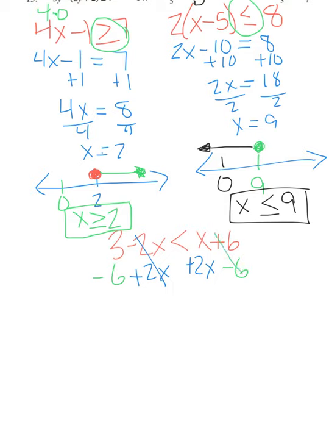So my answer is going to be negative 3 is less than 3x. Divide by 3. And then my number is x equals negative 1. And actually, now that I look at this, let's just leave this, because again, we're going to solve it just like it was an equation first. Alright, so negative 1 is my boundary point.